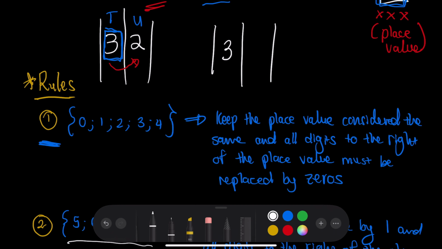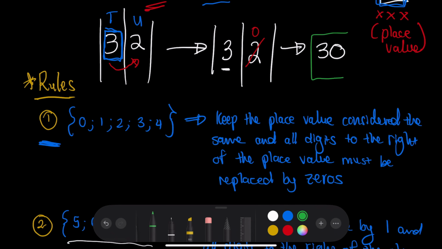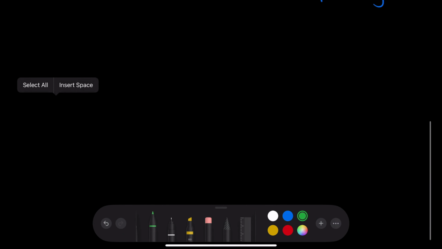So this remains the same. And then all values to the right, I must replace by a 0. Then what does that give me? It actually gives me the number 30. And this is actually the correct answer.